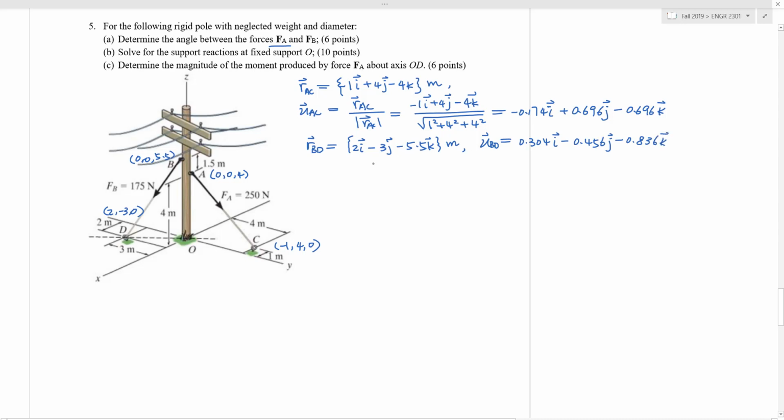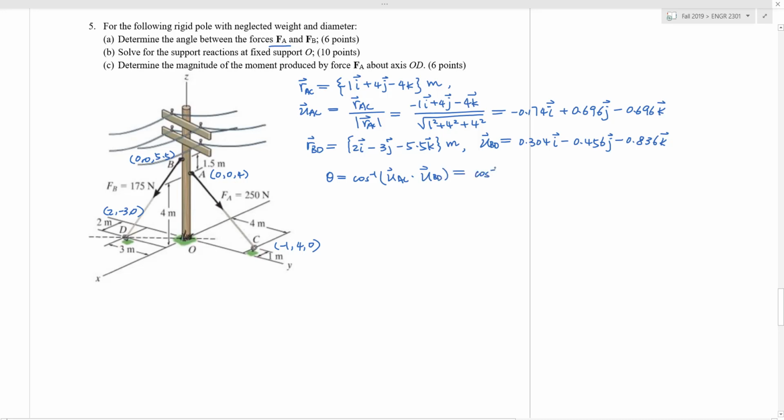So now, to find the angle between them, all you need to do is find the dot product between UAC and UBD, and then find the inverse cosine.